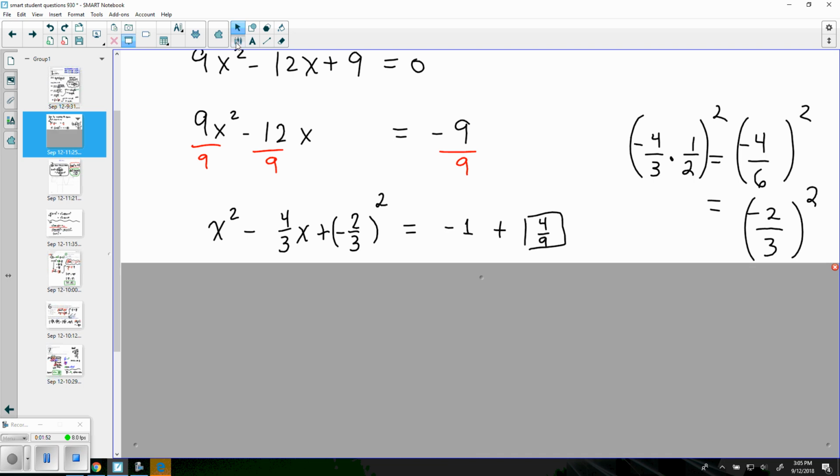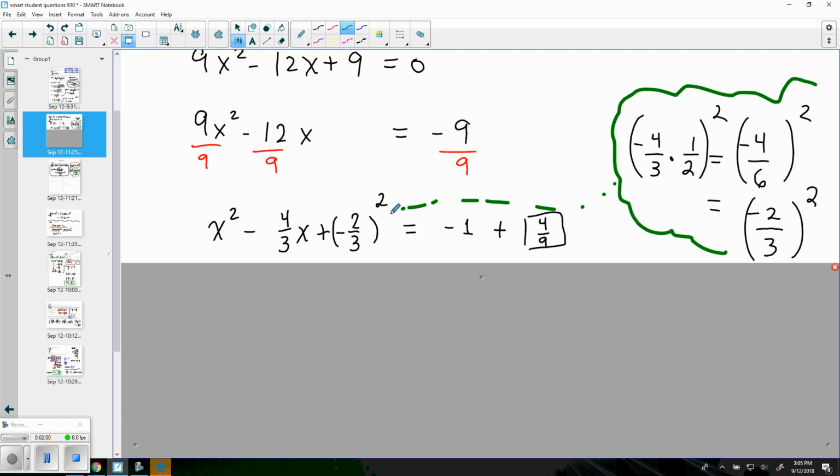There are notes over here on this side. These notes actually are supposed to go with this step, where we figure out what we're supposed to add the square of. So what we do is we divide the middle term's coefficient, which will include the sign with that, by 2, or you take half of the middle term's coefficient.